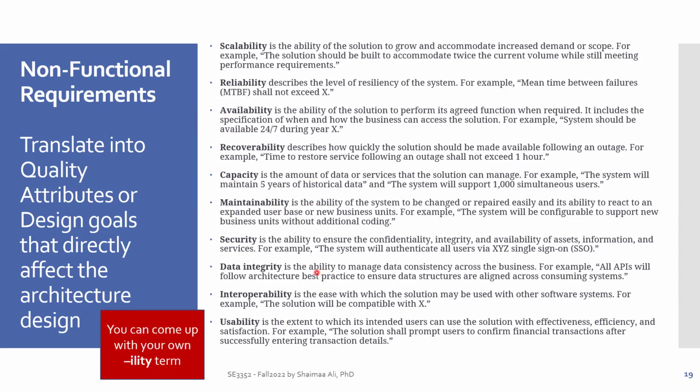You may even need to come up with your own term depending on the system that you're working on. It doesn't mean that every single system you work on has to list requirements in all these categories. These are just things to think about.